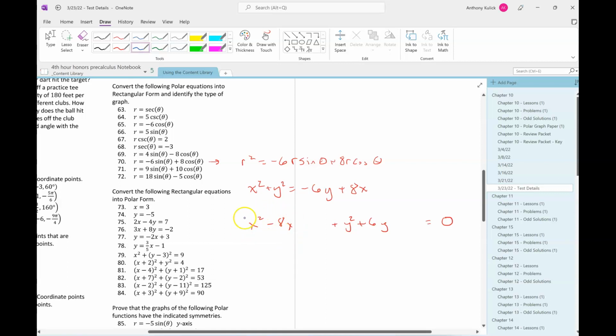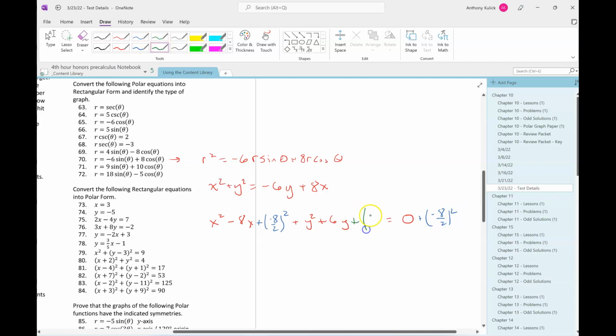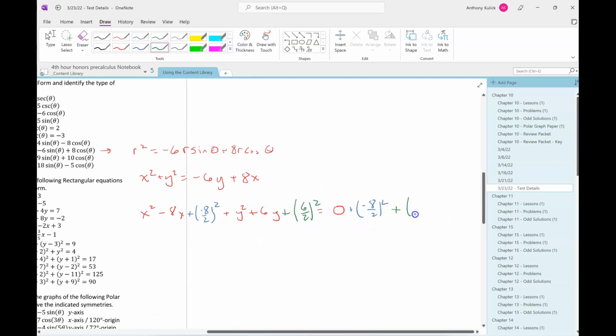So what do I have to add to complete the x's? Well, negative 8 divided by 2, so negative 4 squared. And I have to do that to both sides, almost forgot. And then what do I have to do to complete the y's? Yeah. And it's fine to write that as negative 4 squared and positive 3 squared.